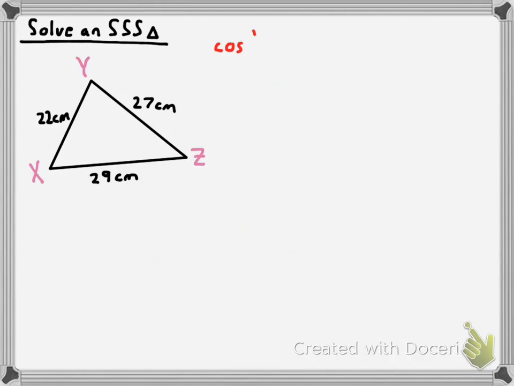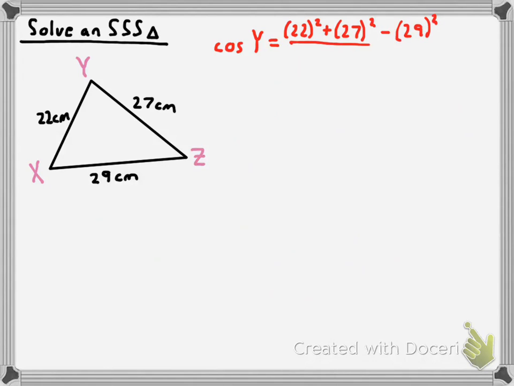You take the cosine of the angle that you're trying to find. And then you take the sides of the triangle that form that angle, in this case the 22 and 27. You square them and add them together. And then you subtract the opposite side from that angle squared, so minus 29 squared.